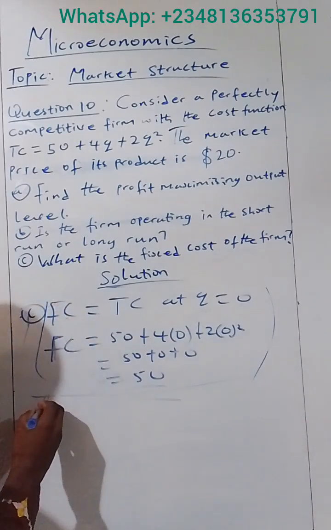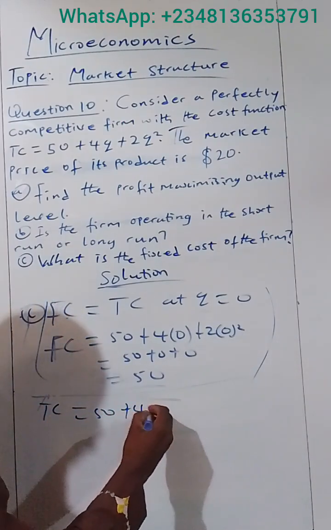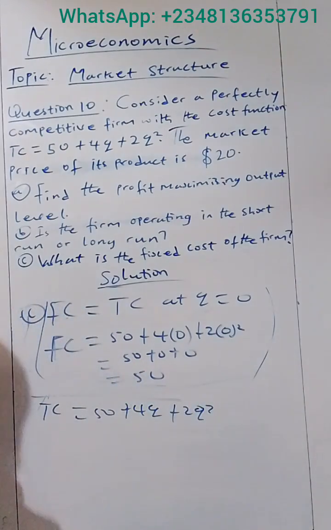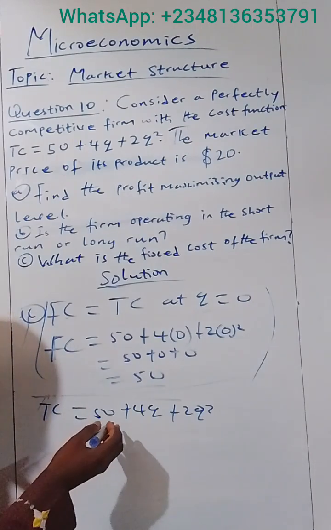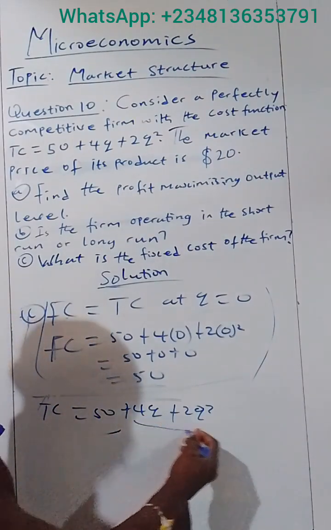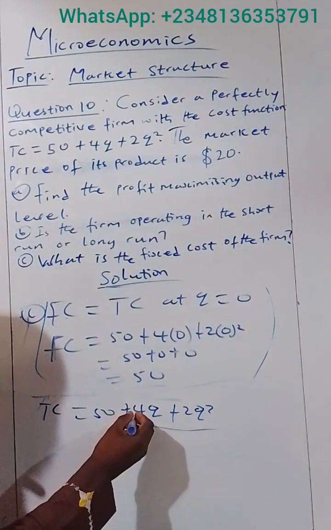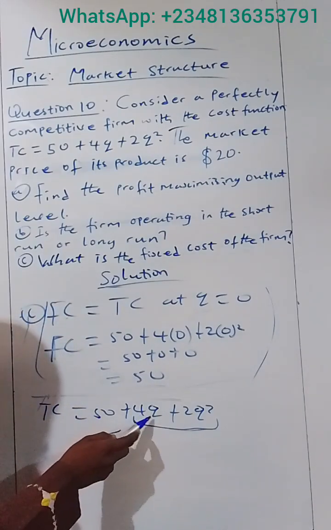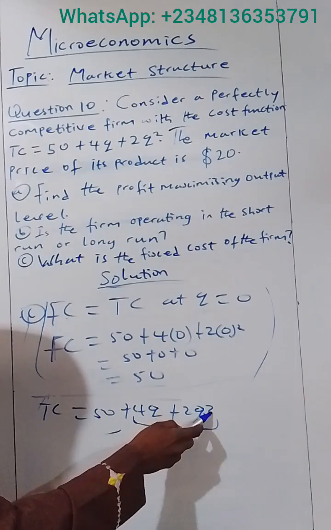Anyway, the total cost we are given is 50 plus 4Q plus 2Q squared. Whenever you see a total cost function where part of it is a constant and the other part depends on output, for example from here to here, you can see it depends on output because you have Q after 4 and Q squared after 2.